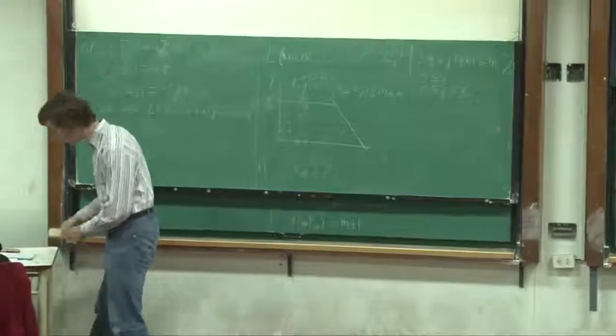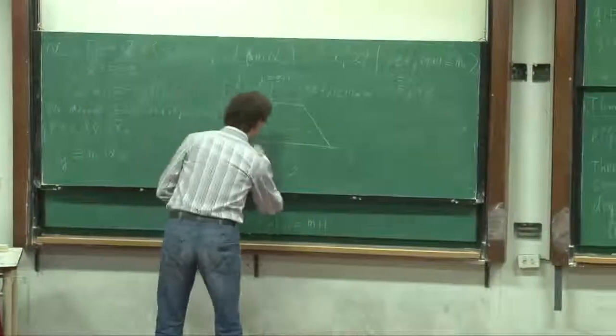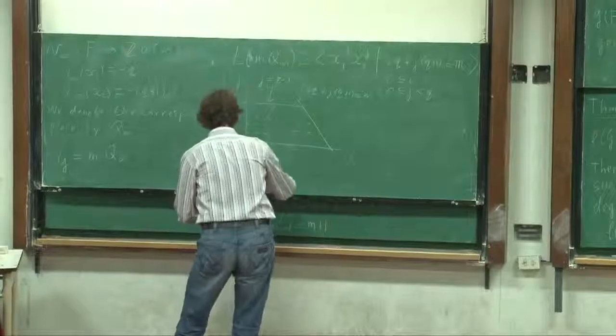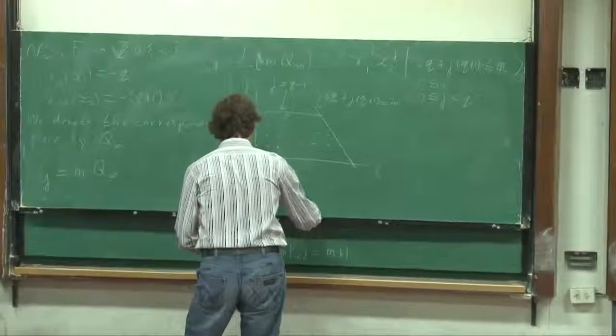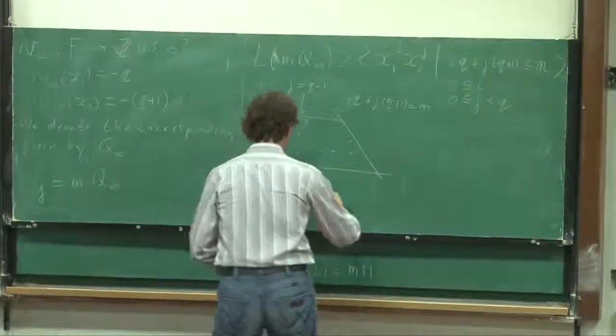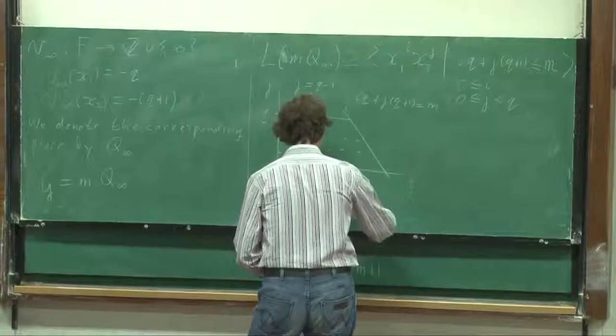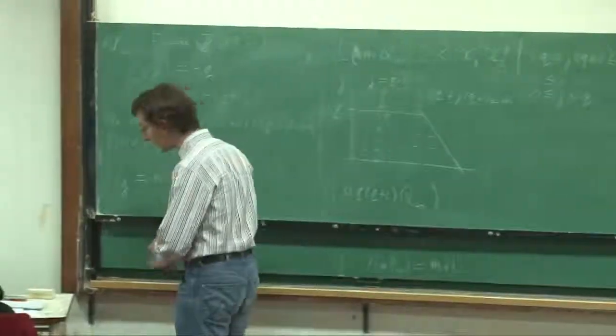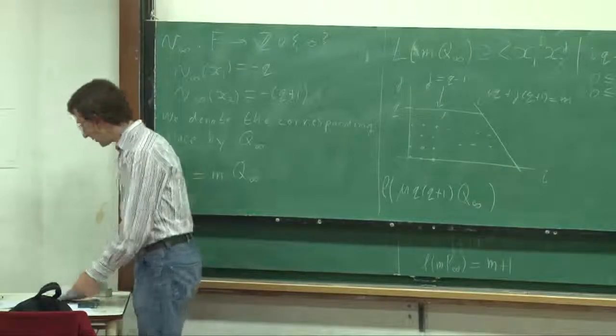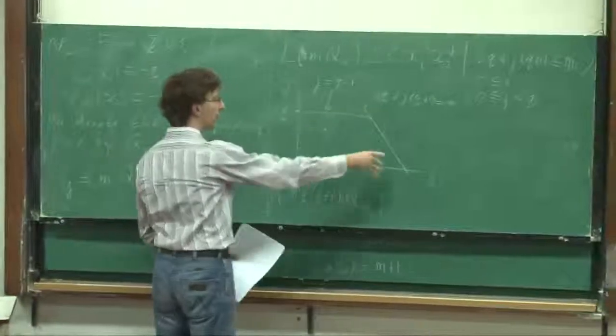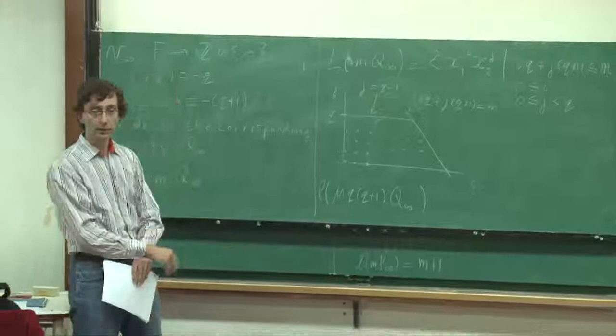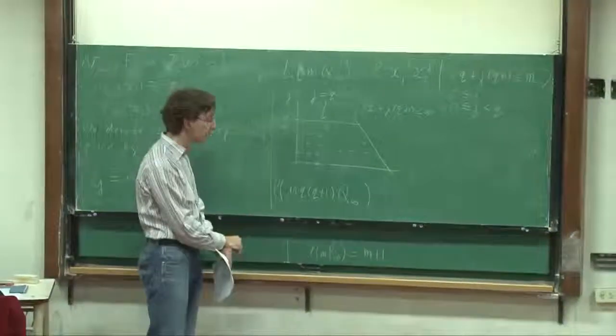Don't do it for any m. Just choose m of a very particular form, namely of the form mu times q(q+1). Like this. Because if you do that, it turns out that some of these intersection points all have integral coefficients, which makes the counting a bit easier.